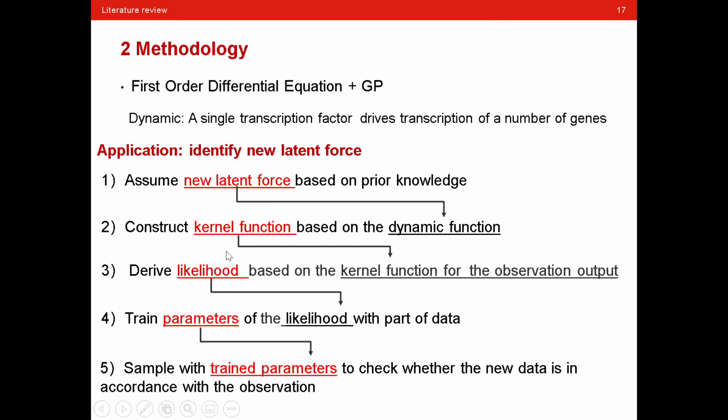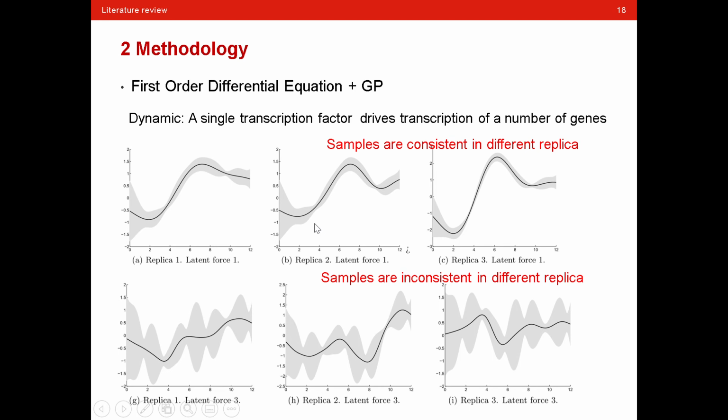And then from this kernel function they can formulate a likelihood for the observation, and then they train the parameters of this likelihood with part of the data, and then given the trained model, they can sample with the trained parameters to check whether the new data is in accordance with the observation. And this picture shows sampling based on the latent force after training to see whether they are consistent with the replica.